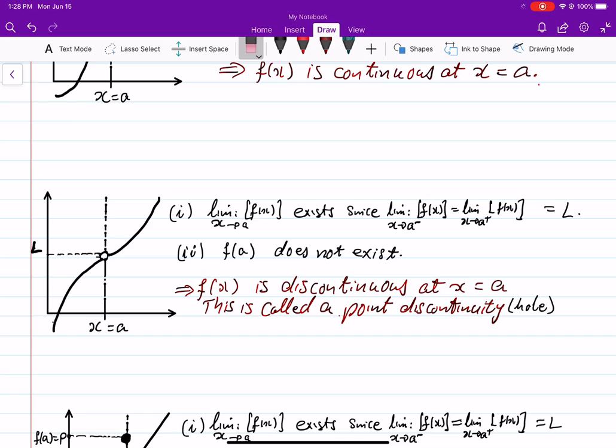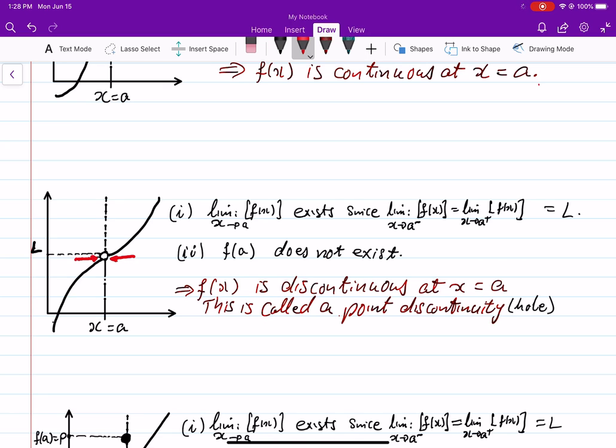But clearly the function is approaching L from both sides. It's the same value from both sides, right? Let me shade that in red. When x is approaching a from the left, the function is approaching that hole, as you can see there. Similarly, the function is approaching the same value from the right.